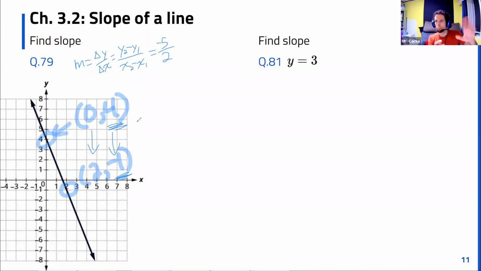But we just take the 2 points and think about the y values, think about the x values. How much did they change by? And then we can see what the slope would be. All right, so that's our slope, -5 over 2, or -2.5 if you want to write it that way. The one on the right here, what's this slope?